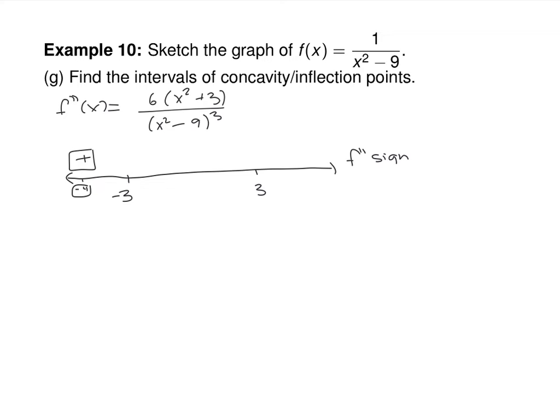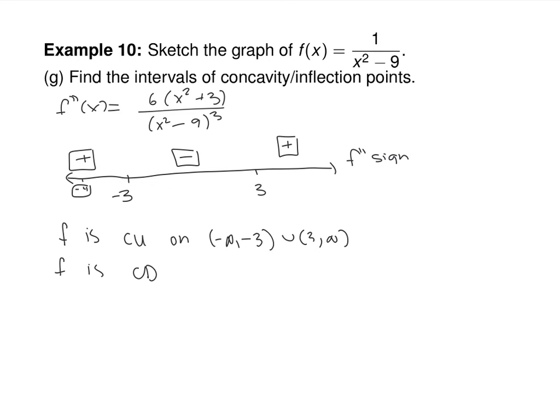What if you test 0? It's negative, yeah. Because of the denominator, right? And then testing something past 3, like 4, you're going to get that f prime prime is positive again, right? So f is concave up on -infinity to -3 and 3 to infinity.